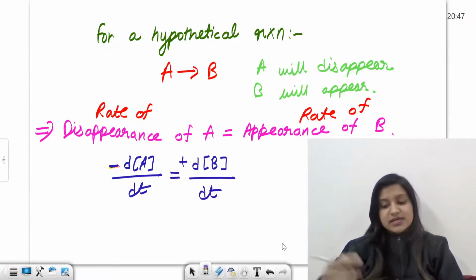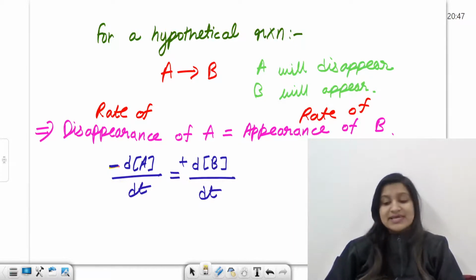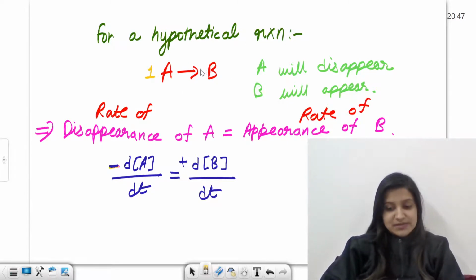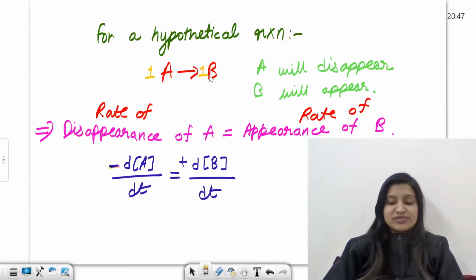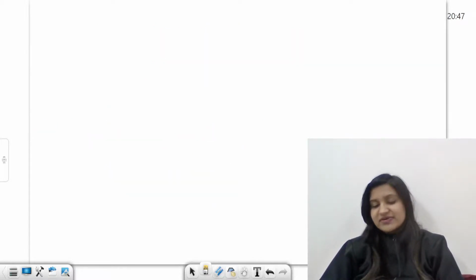Is that clear? Now one more thing which we need to take care of. This was a very simple hypothetical reaction. We need to take care of the stoichiometric ratio as well. See, here both the sides it was 1, 1. That's why, okay, let me make you understand with the help of another example.